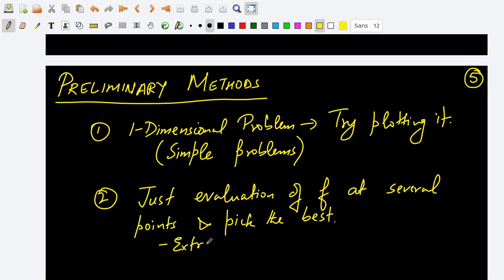Extremely ad hoc and no guarantees. In fact, it will almost always not work.